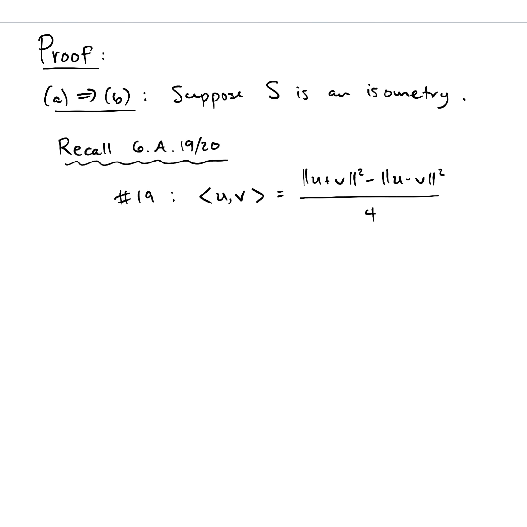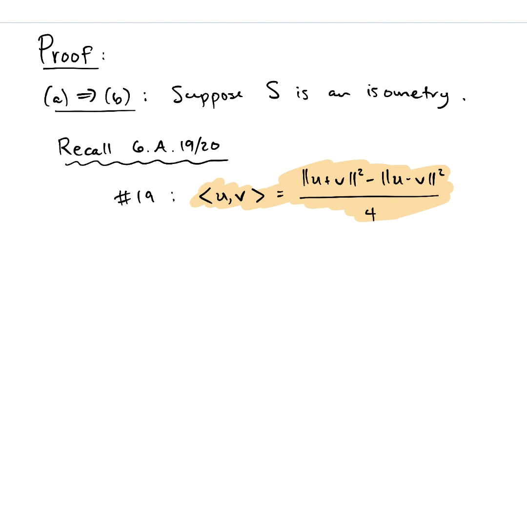So this was an important little statement for us. Its proof back there in chapter 6, this was not earth-shattering at all. All you guys did was start with the right-hand side and actually sort of square out those norms in that numerator, and a bunch of stuff canceled, and when the dust settled, you just had inner product u comma v. Okay, and at the time we were like, oh yeah, practicing properties of norms and inner products, and it didn't mean anything to us. Right now it means something.